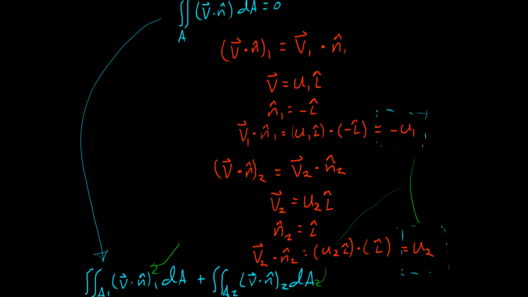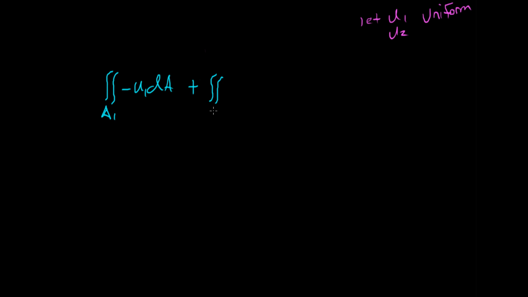So let me give you a new page here so you can see what I'm up to. All we need to do is the integral over A1 of minus U1 dA plus the integral over A2 of U2 dA, and that's still equal to 0.